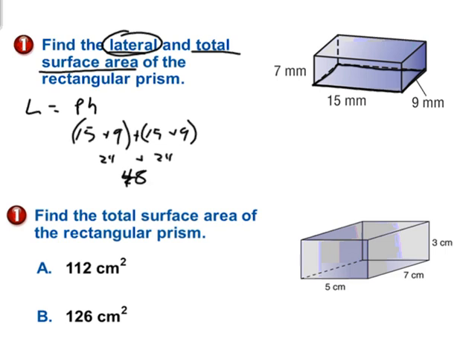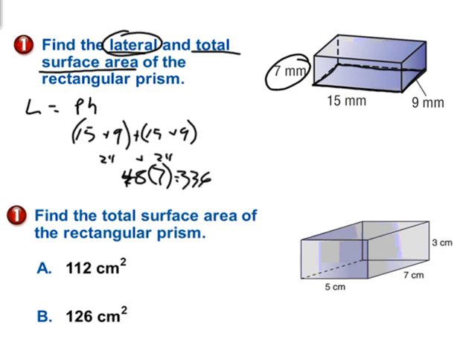Then I've got to take it times the height of 7. 48 times 7 will give me the lateral area. I'm going to do that on my calculator. 48 times 7 will give me 336.